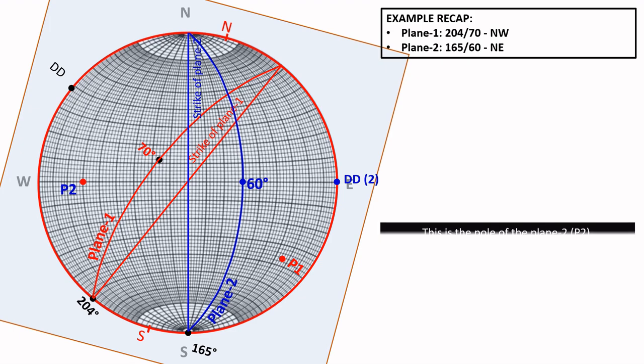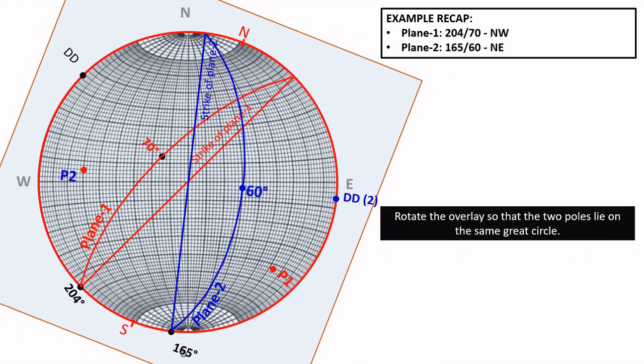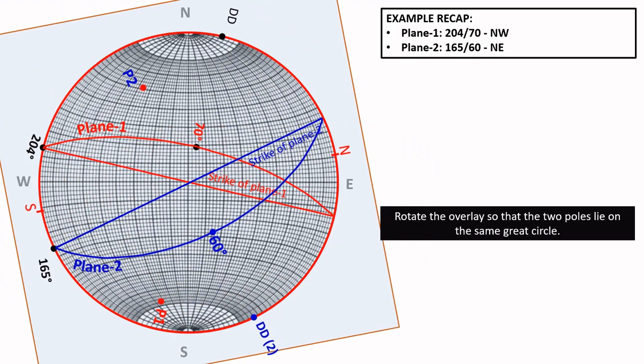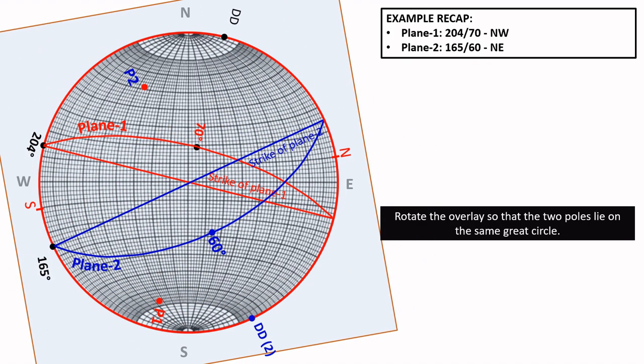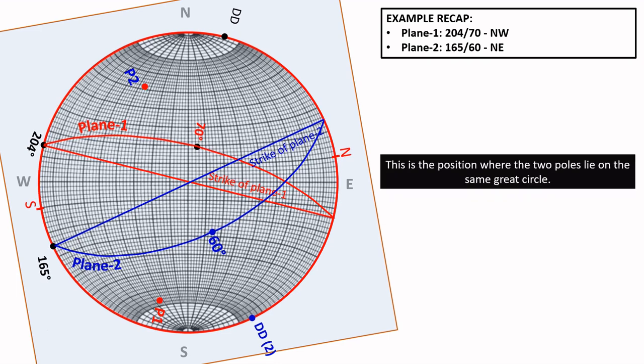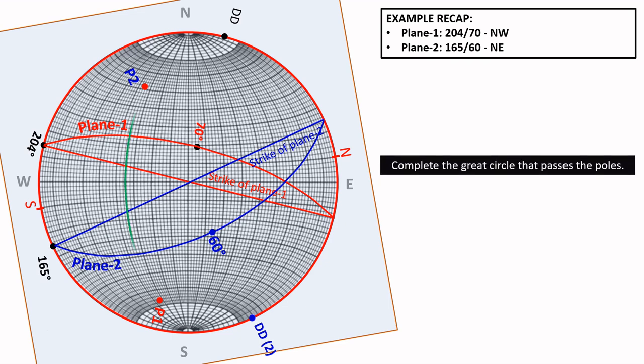Rotate the overlay so that the two poles lie on the same great circle. This is the position where the two poles lie on the same great circle. Complete the great circle that passes through the poles.